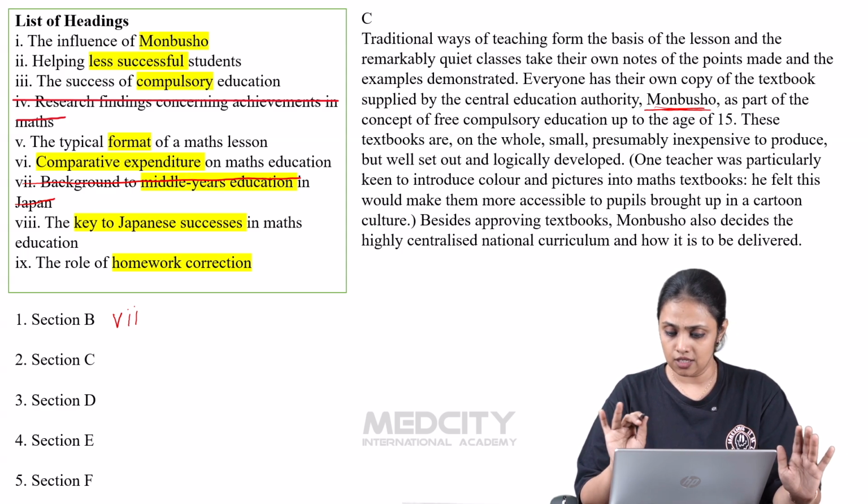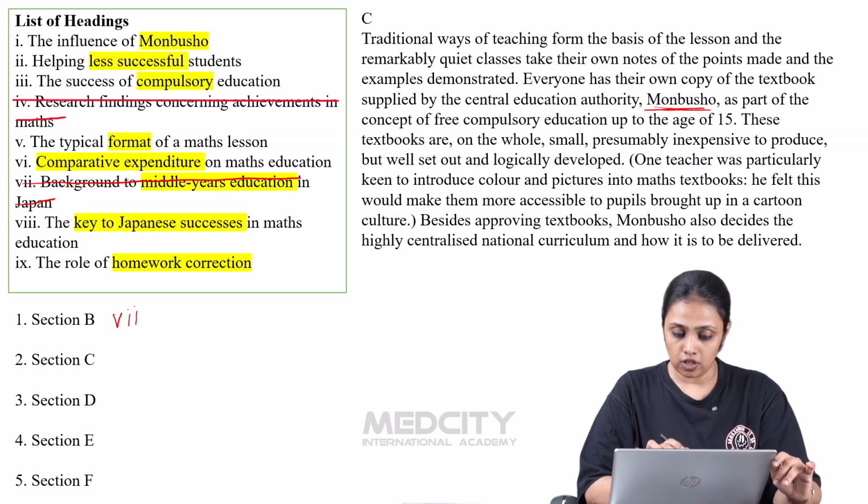But it's not time for us yet to decide whether that is the right answer. Then, as part of the concept of free compulsory education up to the age of 15, these textbooks are on the whole small, presumably inexpensive to produce, but well set out and logically developed. One teacher was particularly keen to introduce color and pictures into maths textbooks.